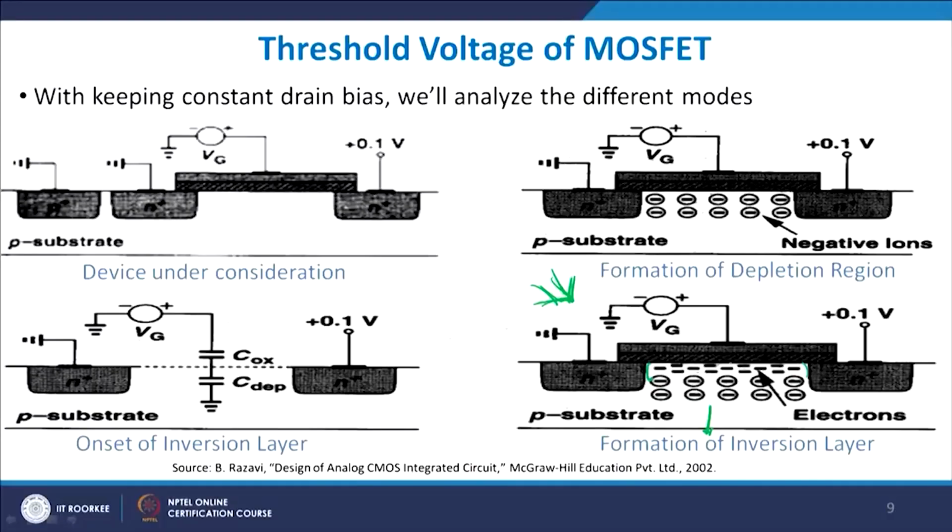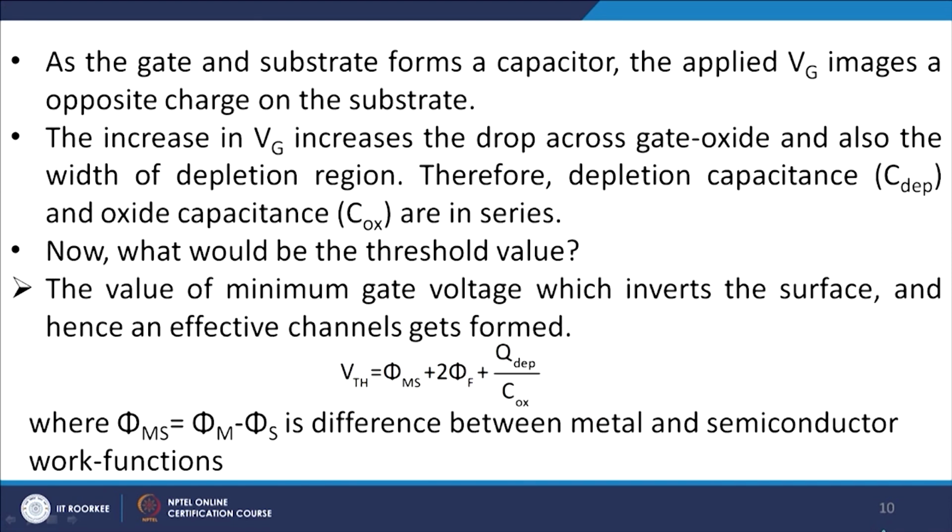So you have an inversion layer here and you have a depletion layer here, and that is the reason why you get a normally on device. That is what I was writing here, that as we increase the value of Vg, the drop across the gate oxide and also the width of the depletion region increases, therefore depletion capacitance and oxide capacitance are in series.